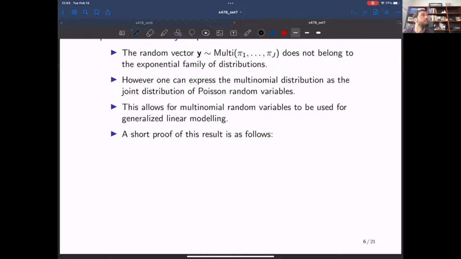Okay, so let y1 plus y2 plus yJ equal little n.